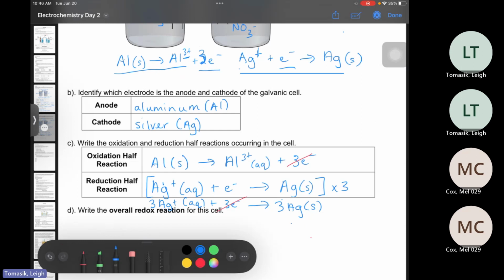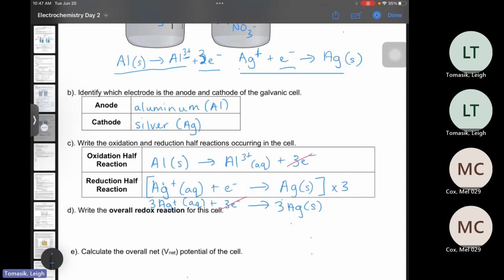So we would get aluminum plus 3 silver ions makes Al3+ plus 3 silver atoms.